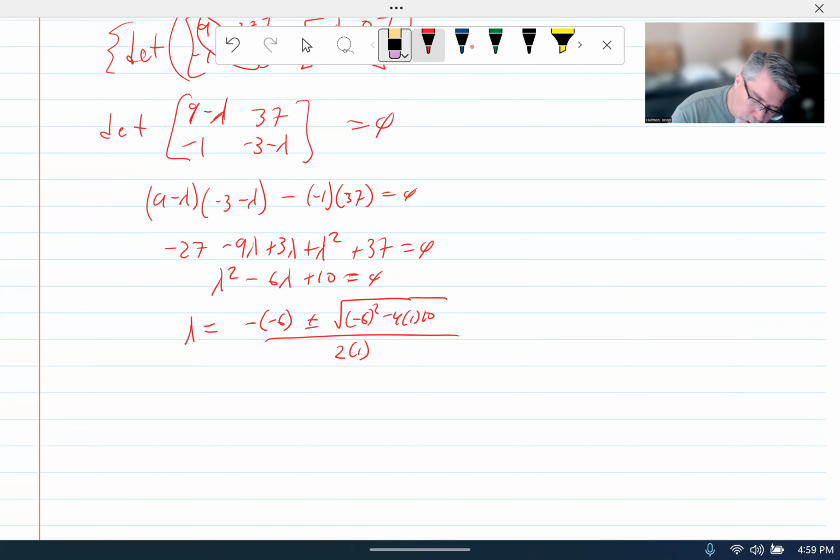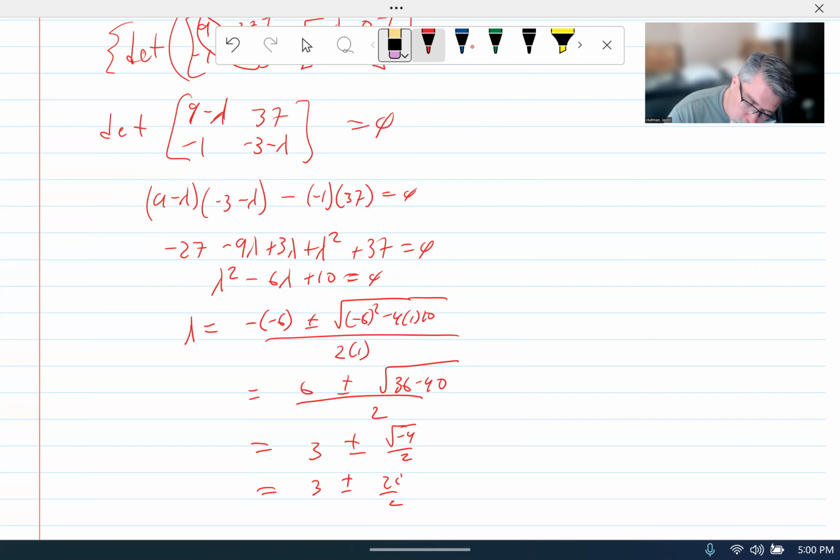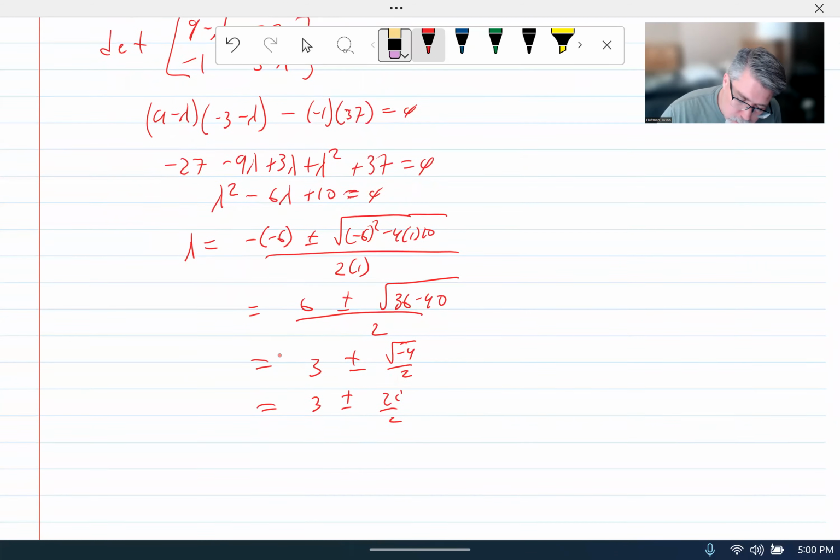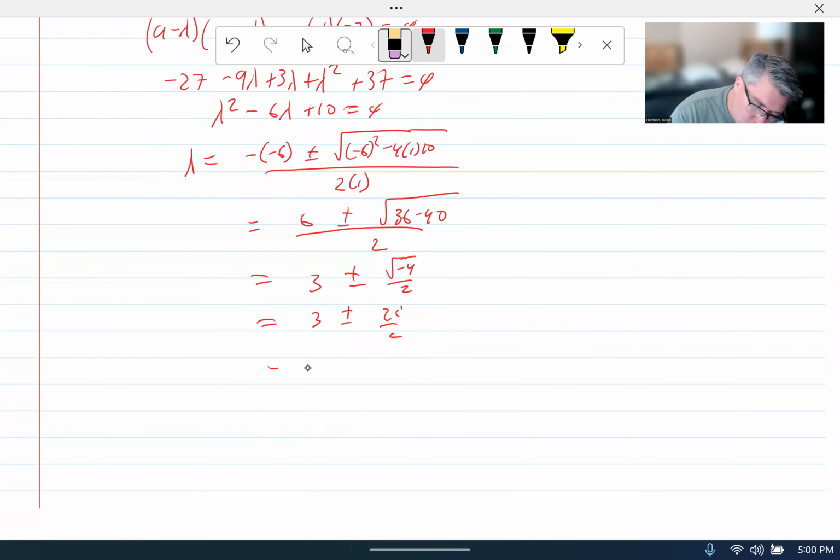So this is going to be equal to 6 plus or minus the square root of 36 minus 40, all over 2. So this is going to be 3 plus or minus the square root of negative 4 over 2, which is 3 plus or minus 2i over 2. And so we get 3 plus or minus i.